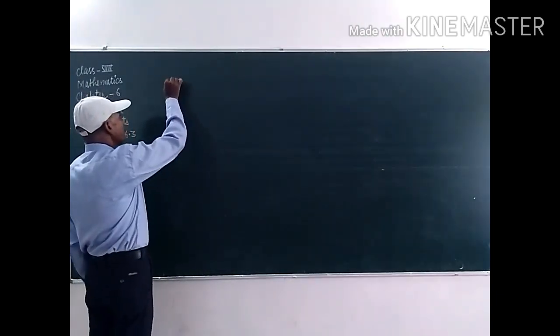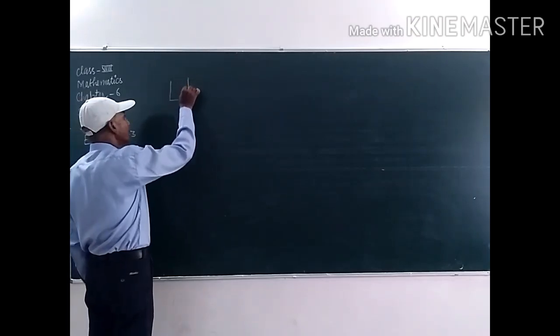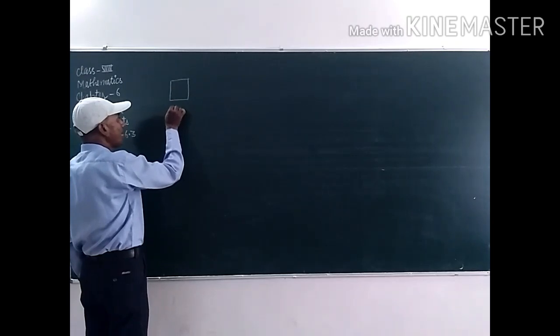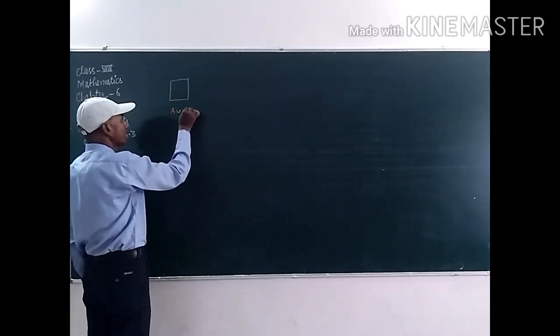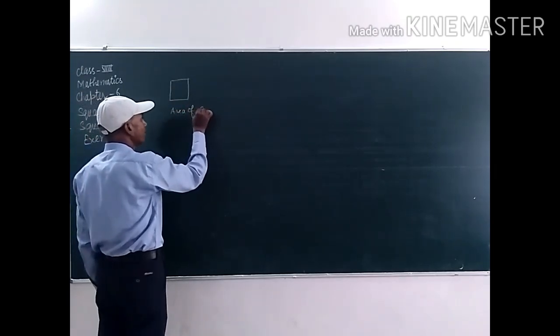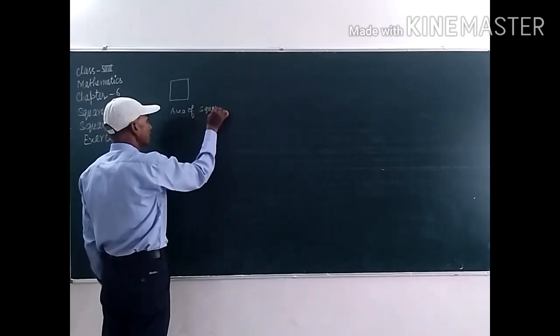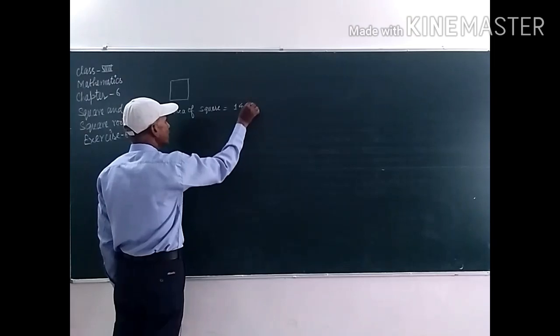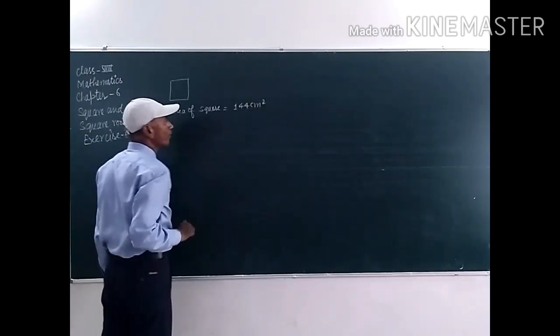Suppose this is a square, and let the area of this square be 144 square meters.